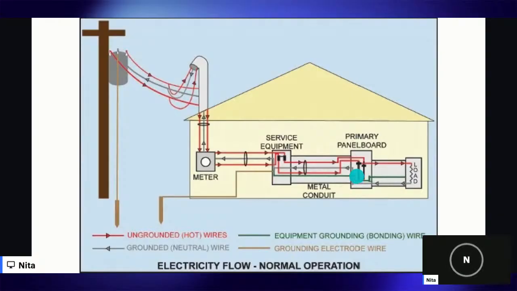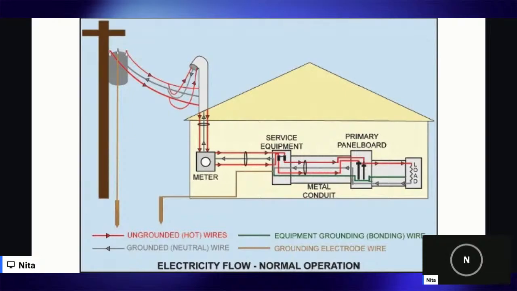It will flow back to the panel. It will be terminating on that grounding bus bar. Remember, we talked about our bonding jumper, which is the metal strap that connects our grounding bus bar with our neutral bus bar.